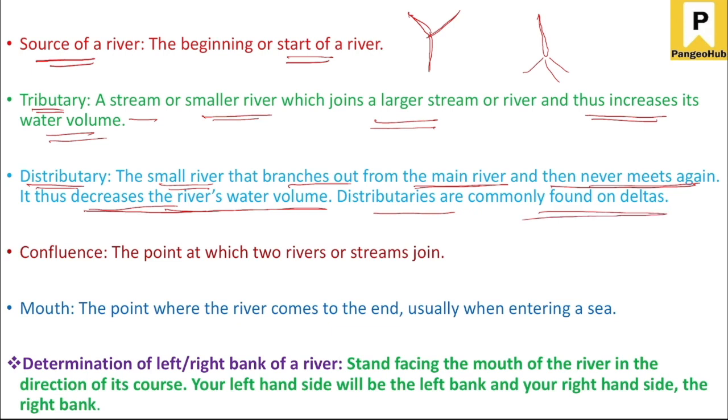So distributaries are commonly found on deltas. If you compare tributary and distributary, tributaries generally develop at the youth stage of a river. Gradually the tributaries go on increasing.